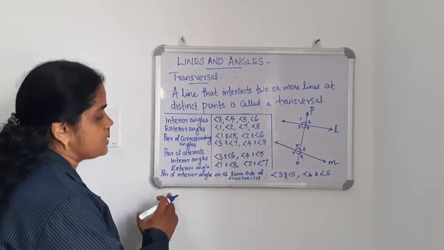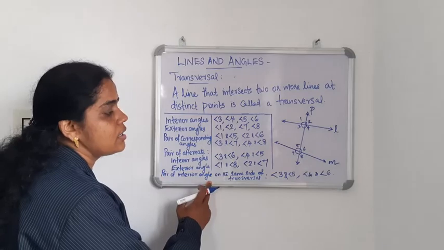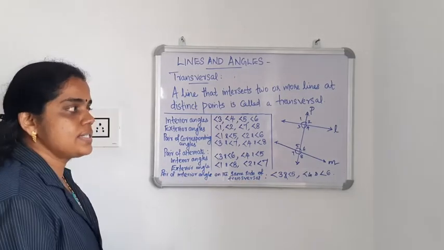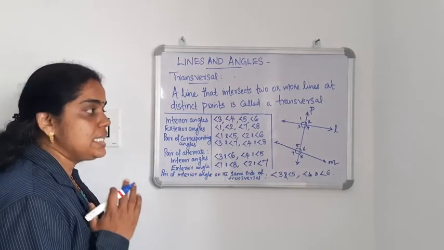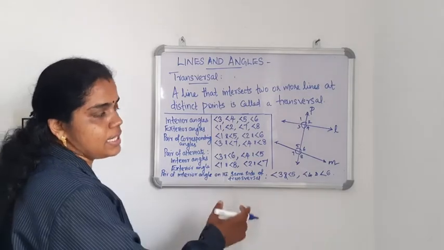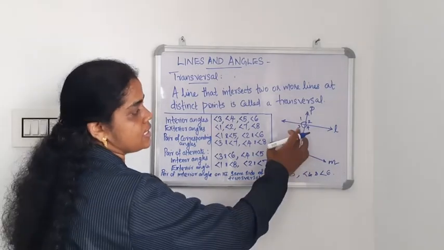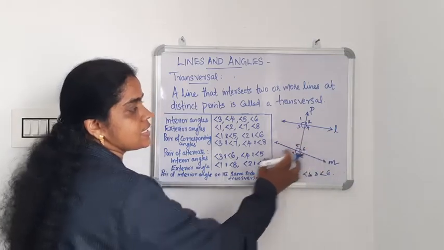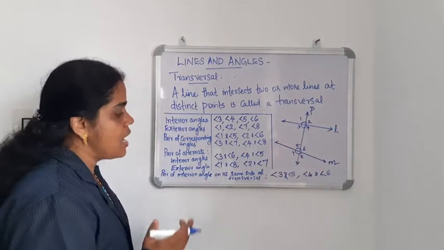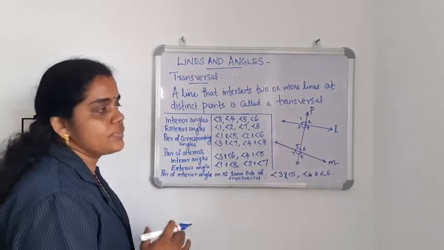And the last one is pair of interior angles on the same side of the transversal. What are the interior angles? That we already studied. 3, 4, 5, 6 are the interior angles, and on the same side of the transversal.